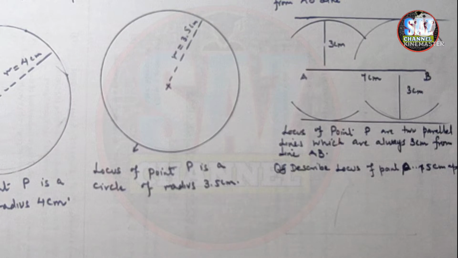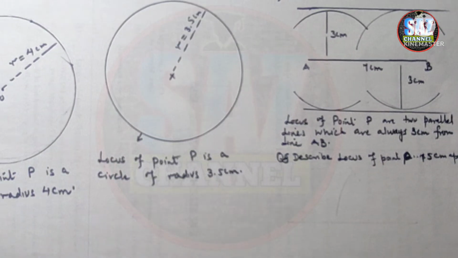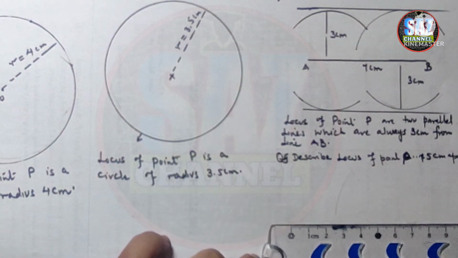Here the instruction 1 is that we have to draw the line segment AB of 7.5 centimeter, and now we have to draw the locus which is at equal distance from two fixed points. Recall what locus is always at equal distance from two fixed points, that is the perpendicular bisector. So, first of all I have to draw a line segment which is 7.5 centimeter.